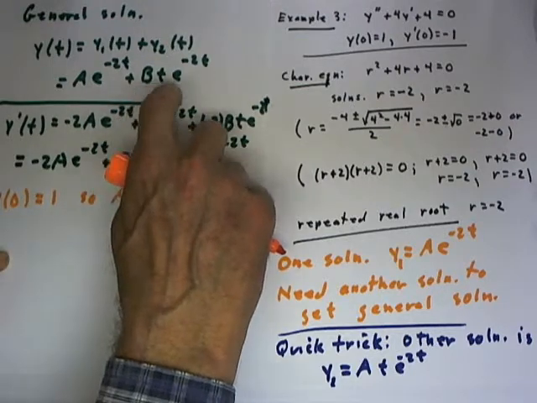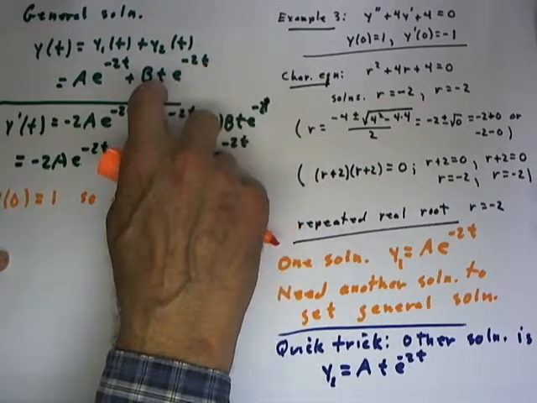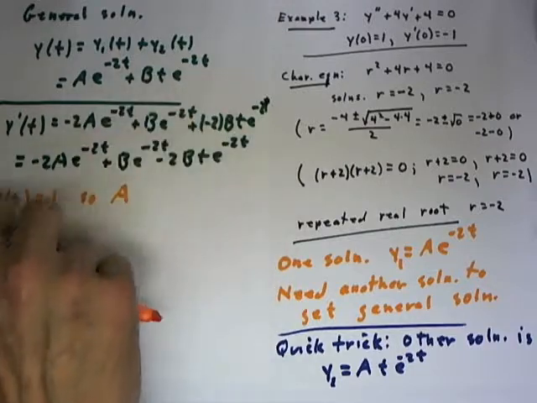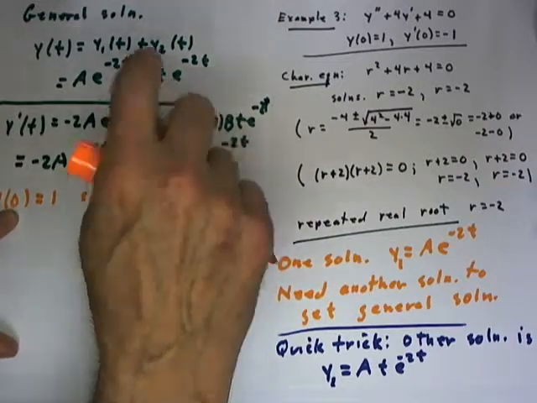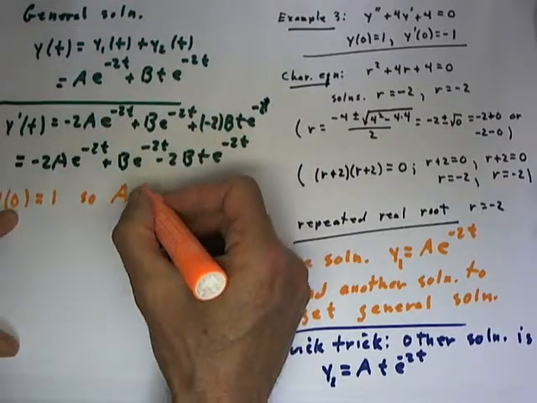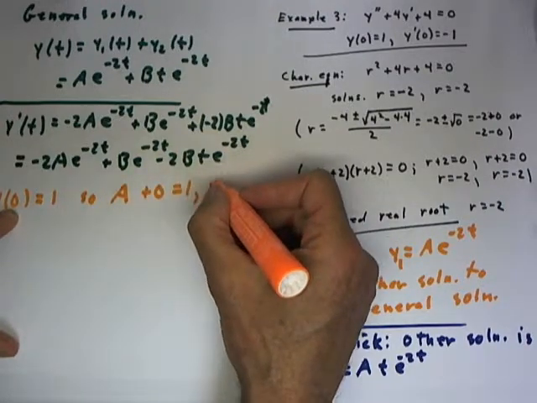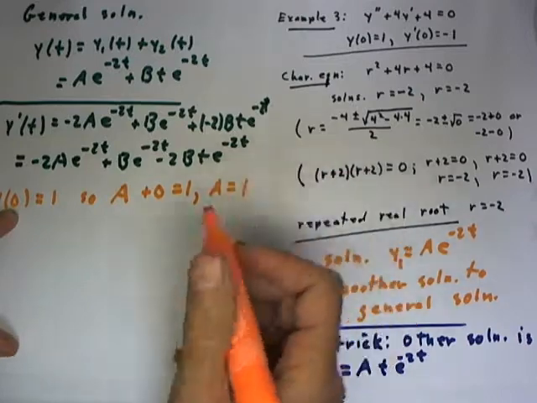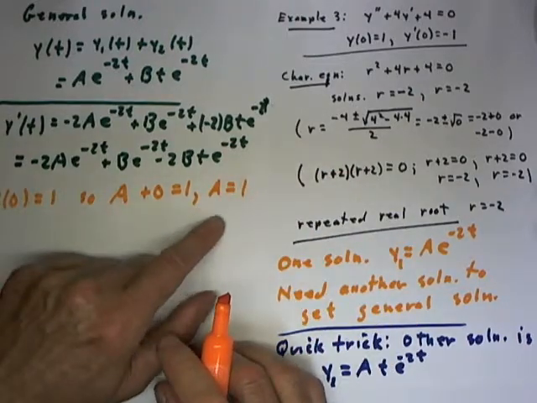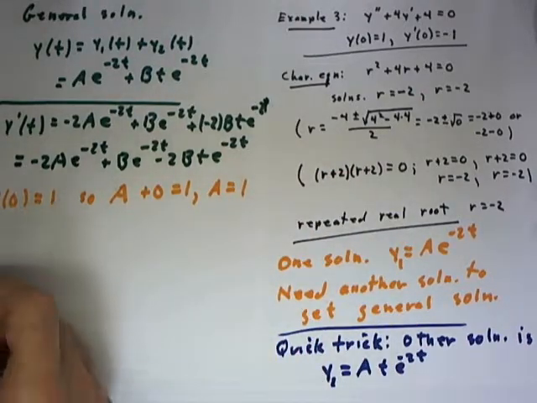And b t e to the negative 2t is 0 because t is going to be 0. So 0 for t gives us 0. The result being a plus 0 is 1, so that a equals 1.